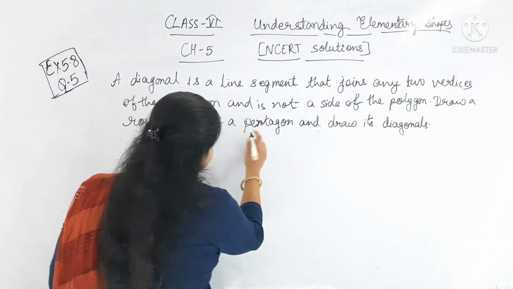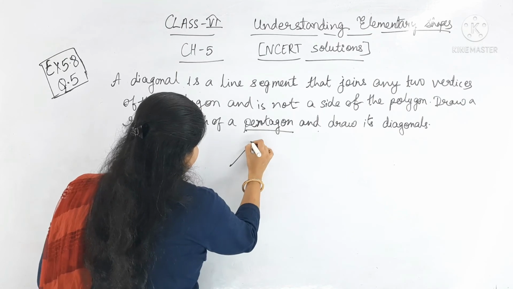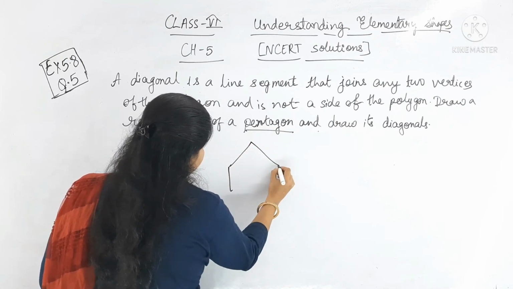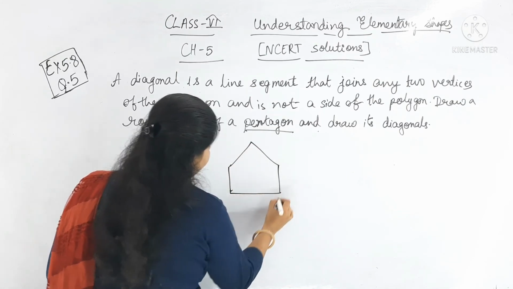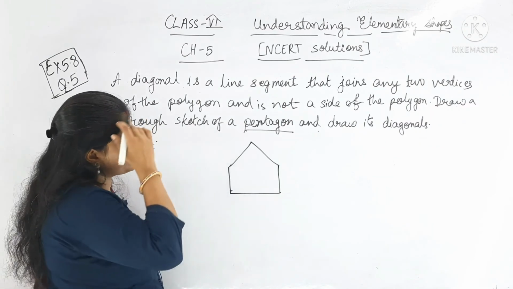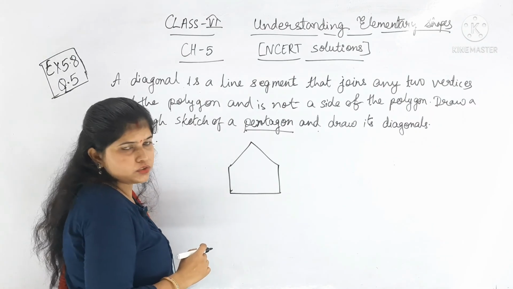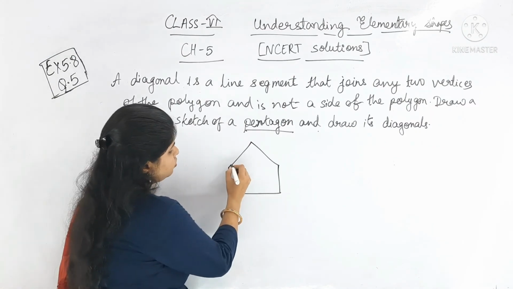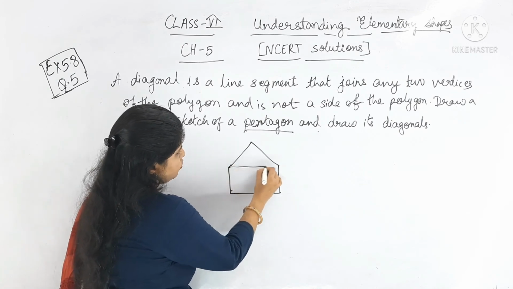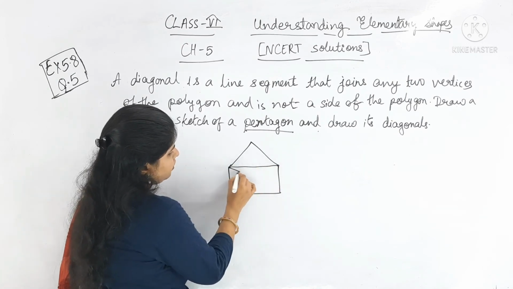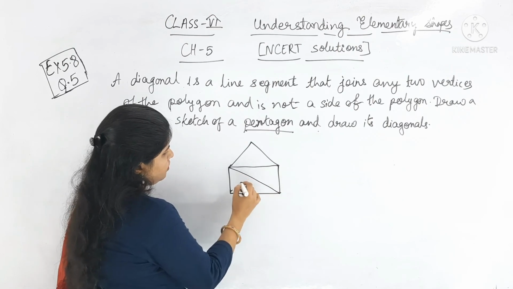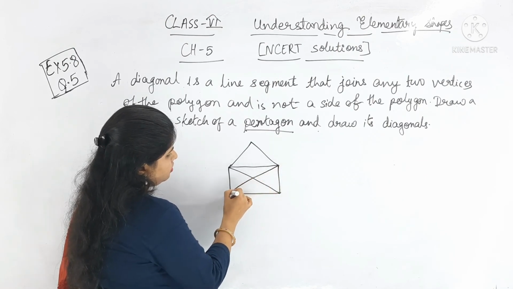You have to first draw this pentagon like this 1, 2, 3, 4 and 5. Now you have to join 2 vertices to draw the diagonals. This is 1, this is 2, this is 3.